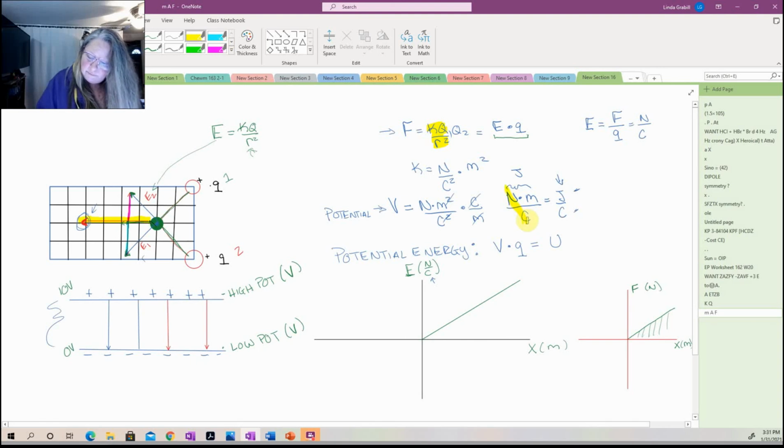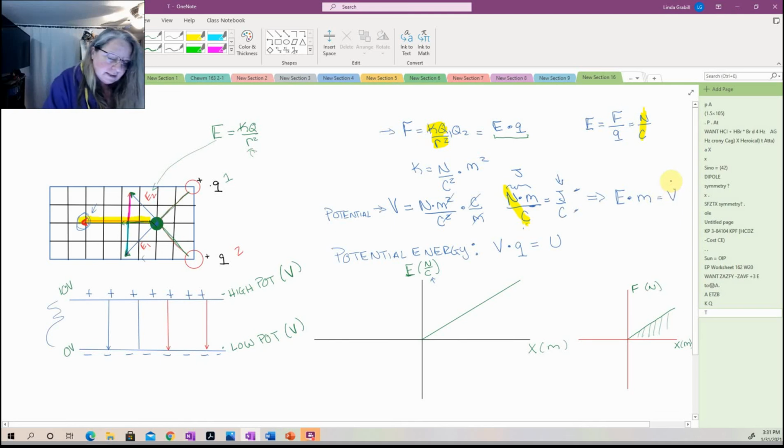Ooh, newtons per coulomb. Well, E is newtons per coulomb. So I guess the other way we could look at this is to say that this would be E, the electric field, times some distance. Here's my electric field, my newtons per coulomb, and this is the distance. That is also a different way of looking at V.